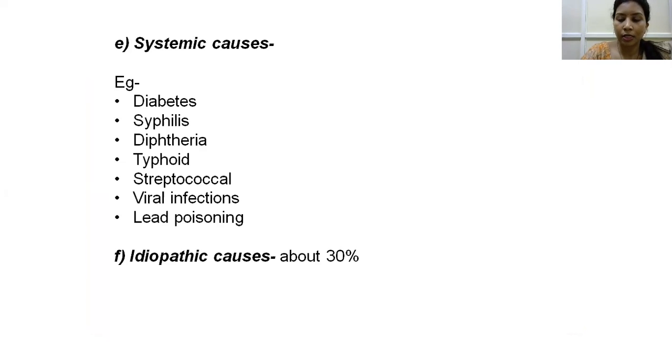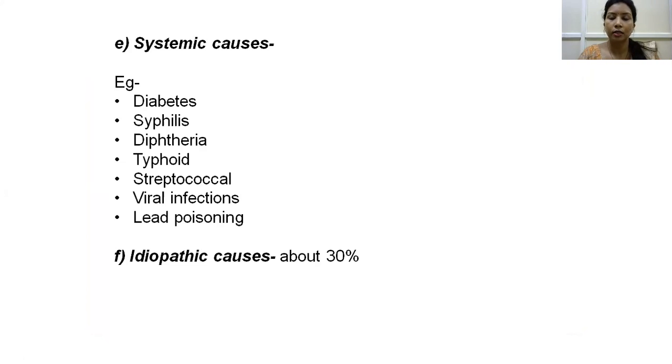There could be some systemic causes which cause some neural abnormalities in the long run, such as diabetes, syphilis, diphtheria, typhoid, streptococcal infections, viral infections, lead poisoning, etc. Though these specific causes have been mentioned, more than 30% of the causes of laryngeal paralysis are idiopathic.